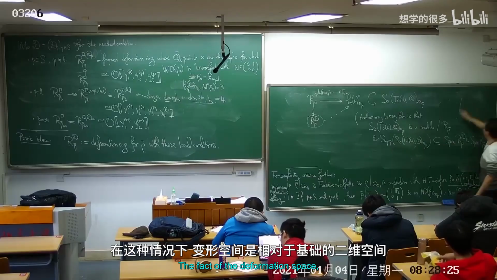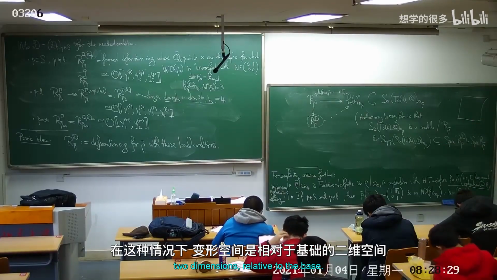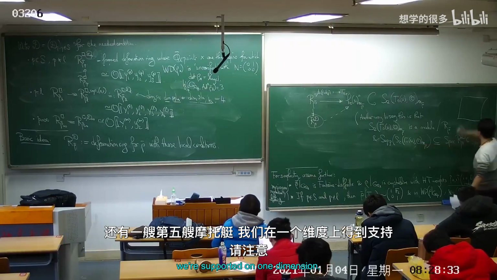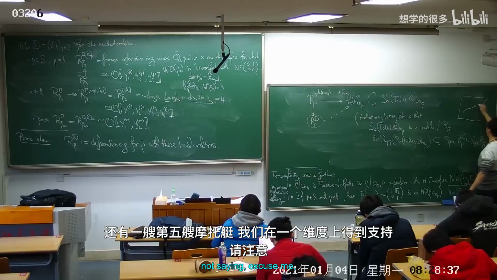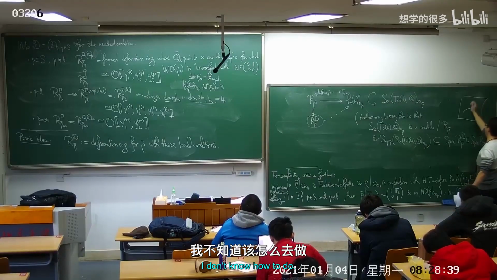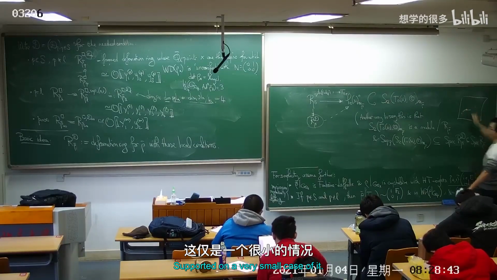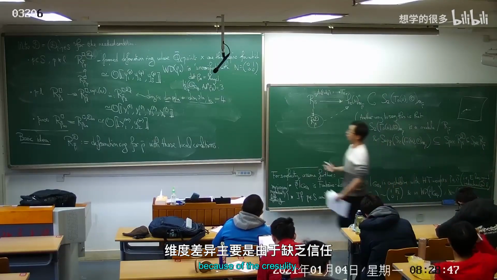In fact, the deformation space should be, in this case, relative two-dimensional over the base. And the space of modular forms is supported on a one-dimensional subspace. So, excuse me, a zero-dimensional subspace. I don't know how to say it. Supported on a very small piece of it. The dimension difference is mostly because of the crystalline condition.